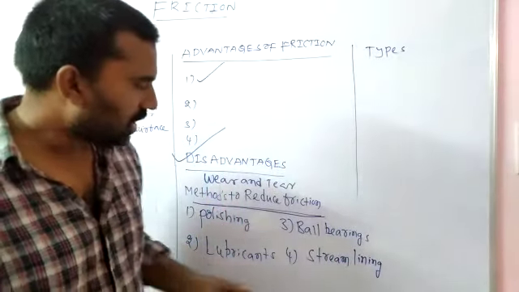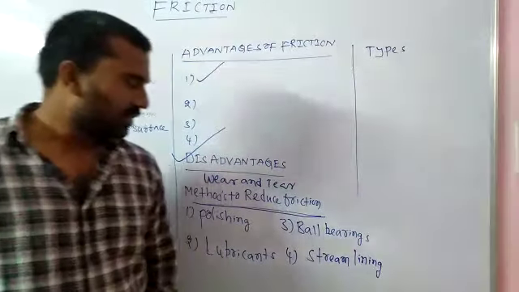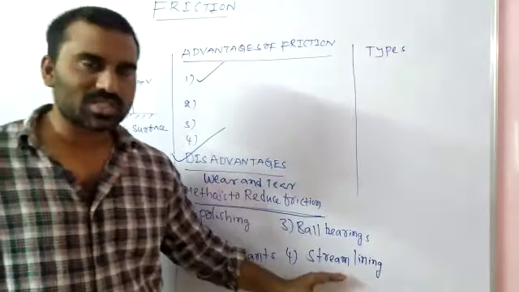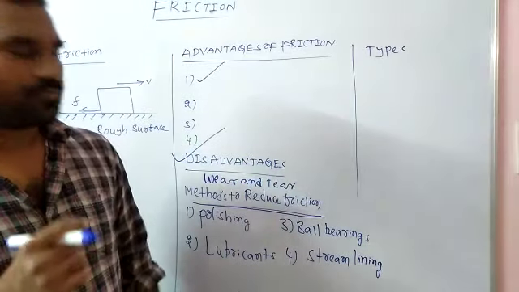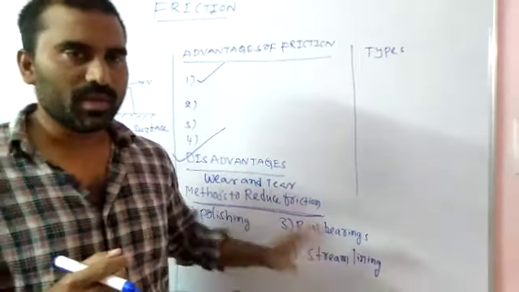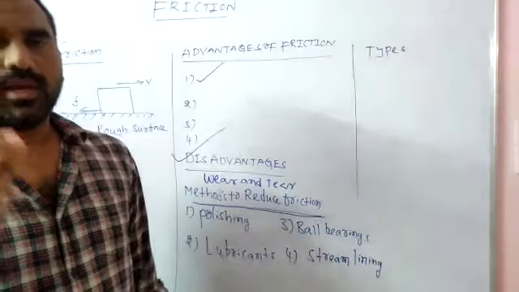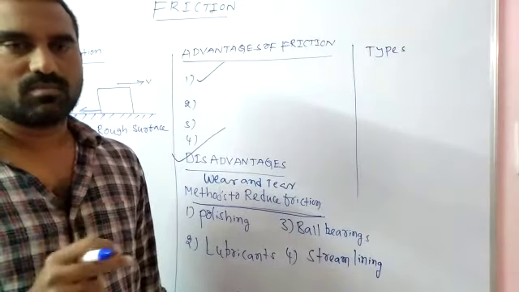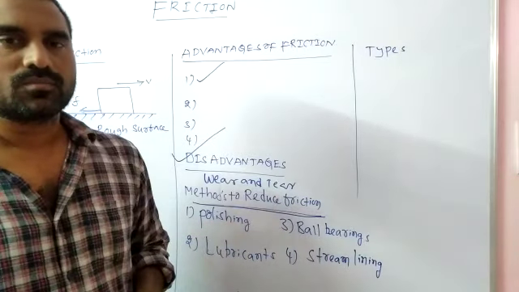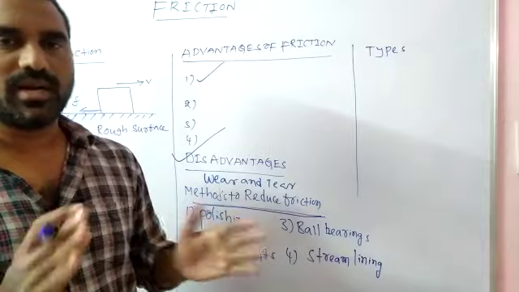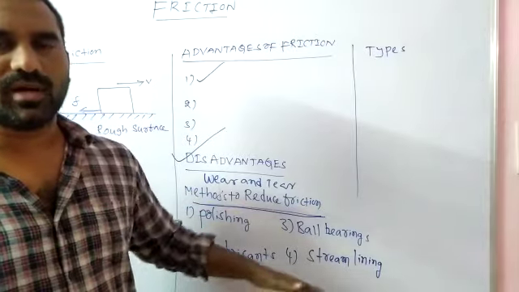Also streamlining, the last method to reduce friction. What is the meaning of streamlining? Aeroplanes and automobiles are specially designed with curved surfaces to prevent air friction.